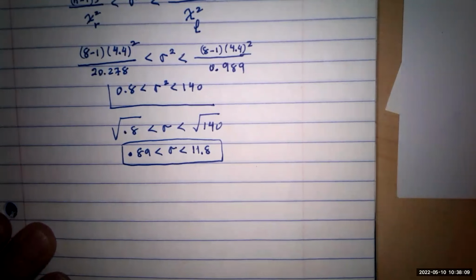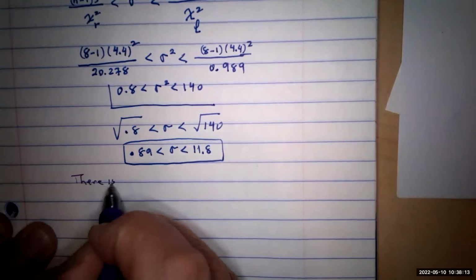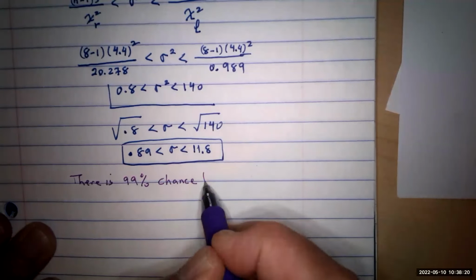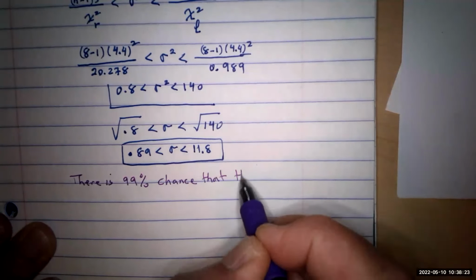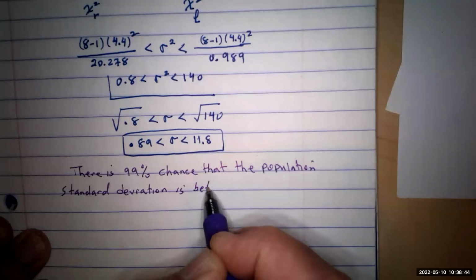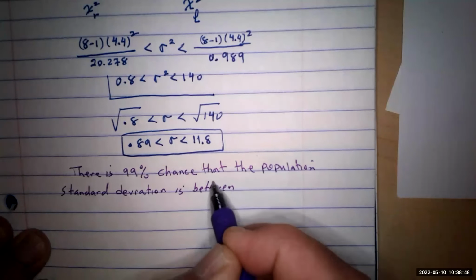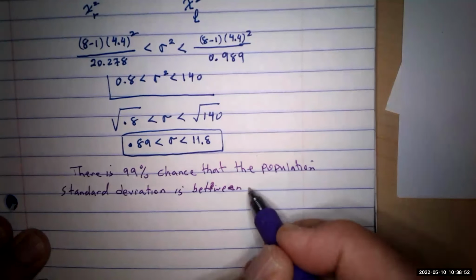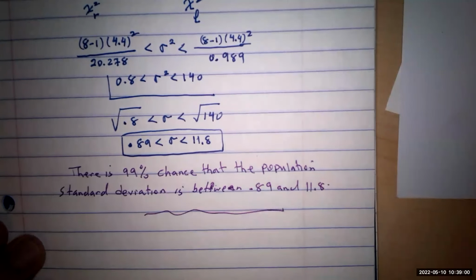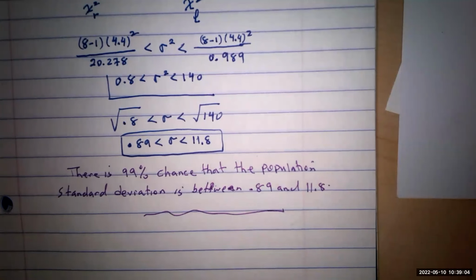Just make a comment that, in this case, there is a 99% chance that the population standard deviation of those home ownership rates is going to be between 0.89 and 11.8. And you're done.